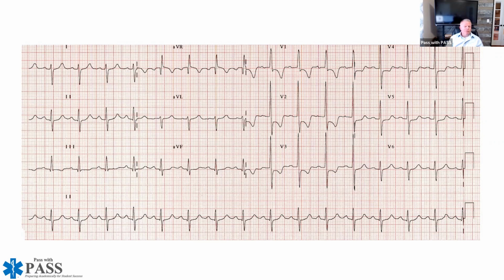And maybe that is the reason why this patient isn't oxygenating and ventilating appropriately, is because they have pulmonary hypertension, or maybe they are suffering from a pulmonary embolus. And just by simply using your thumbs to look at lead 1 or 2, or using the hexaxial system if you choose to do that, it's going to end up giving you a lot more information about what might be going on for your patient.